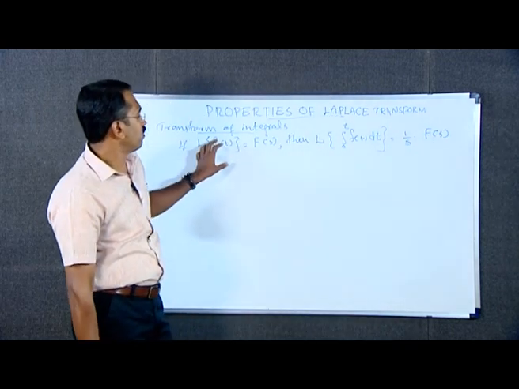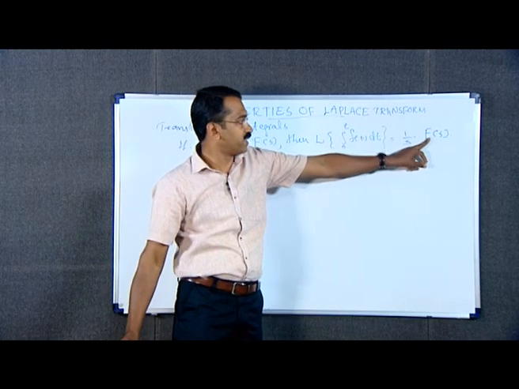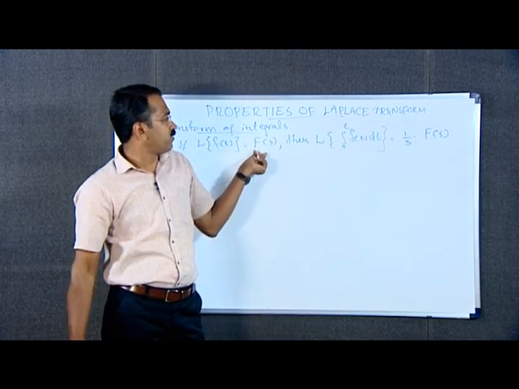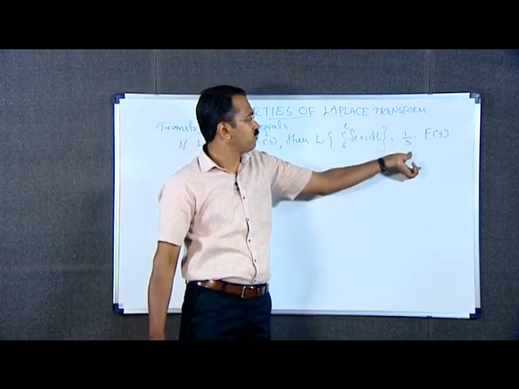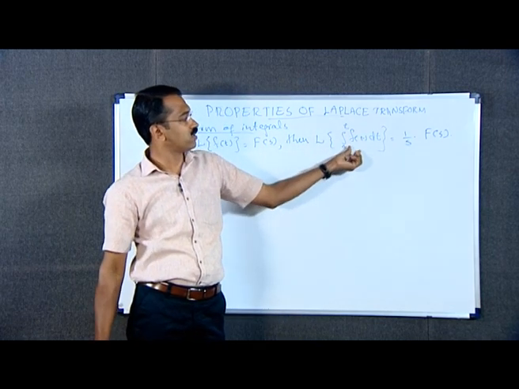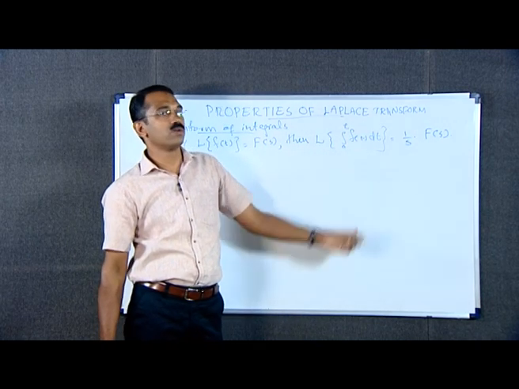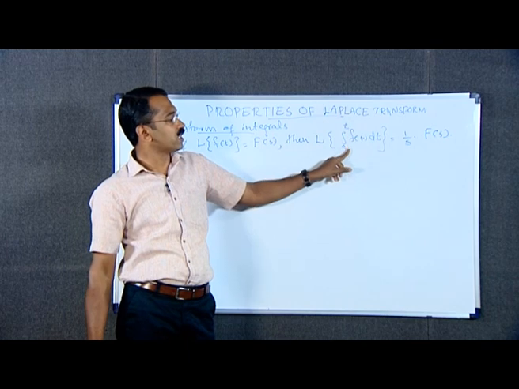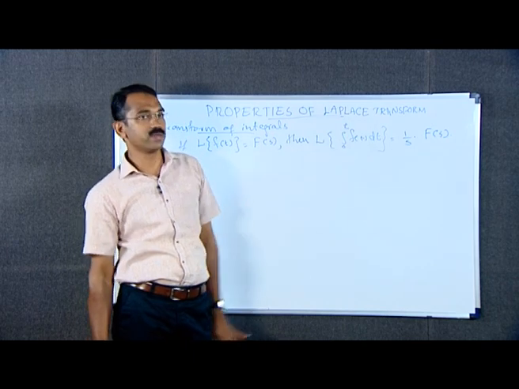That is, we just multiply F(s) by 1 by s when we want to find the Laplace transform of this integral. Here note that the limits are 0 and t.